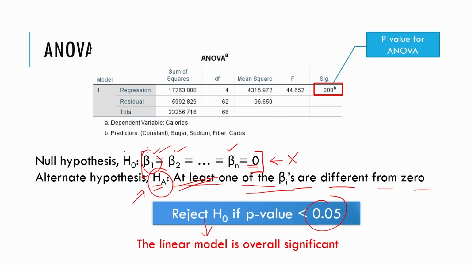So if one of the beta i values is different from 0, that means your linear model that you proposed, that is mu y equals beta 0 plus beta 1 x1 plus beta 2 x2 and so on, has at least one non-zero slope. So that means the linear model that you have assumed is overall significant. That is the significance of ANOVA here. So in this model also you have a significance value less than 0.05, that is 0.000 here. So that means a linear model is good to go with this data.